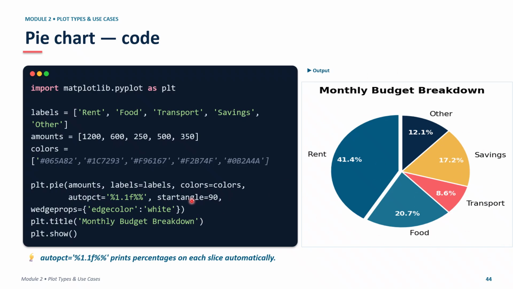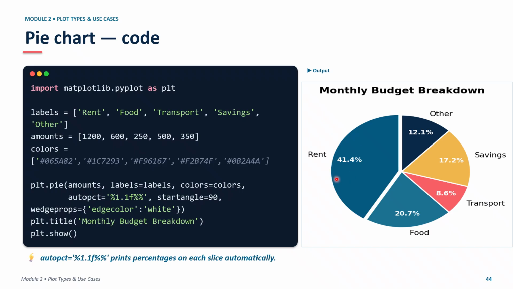Here you can see that there is a keyword called autopct. autopct is given as '%1.1f%%'. This is a key parameter, and it means an automatic percent. The format string '%1.1f' is a formatted string which shows one decimal place, so that you get 41.4 percent printed inside each slice.